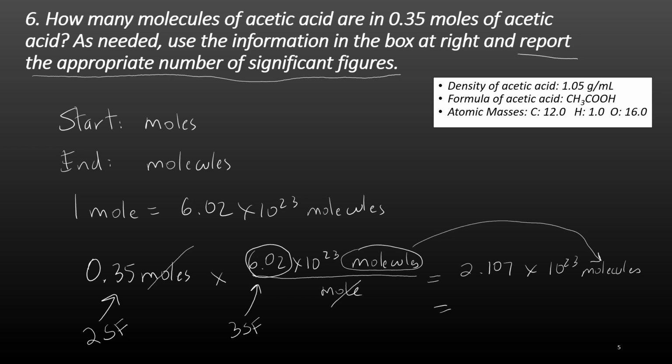So we would report this as 2 significant figures. So we would go with 2.1 times 10 to the 23rd molecules. All right, 2.1 is 2 significant figures, and that's what we want to report. And that's how I would report this answer.